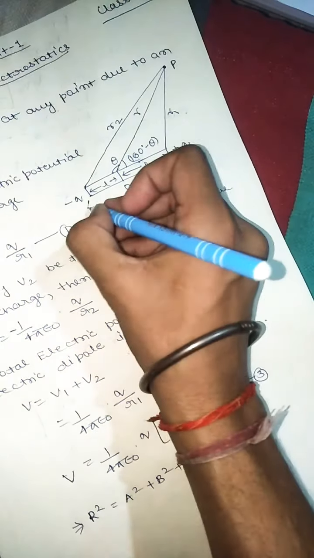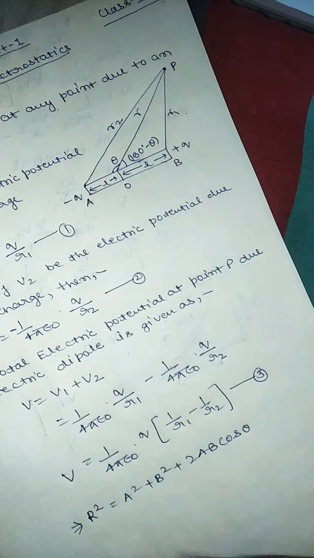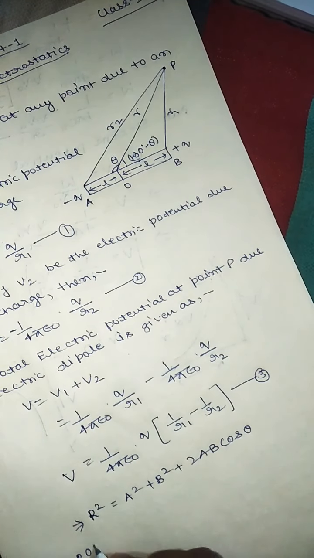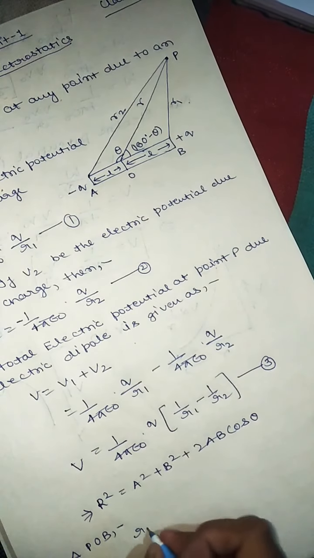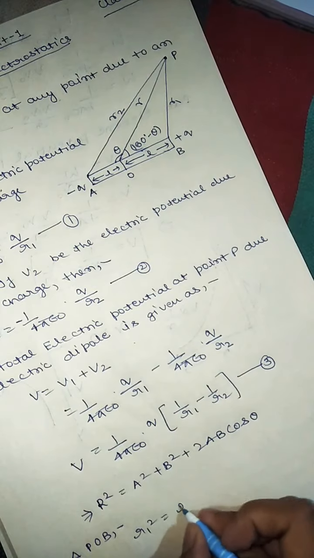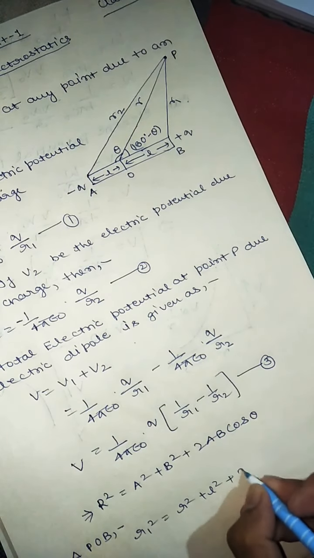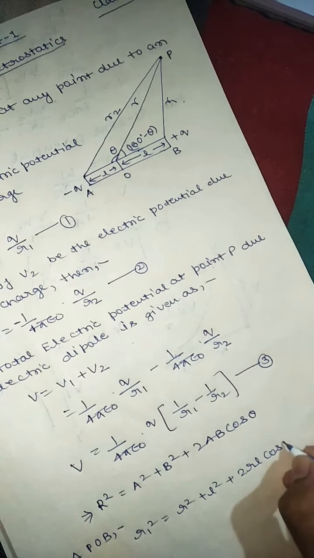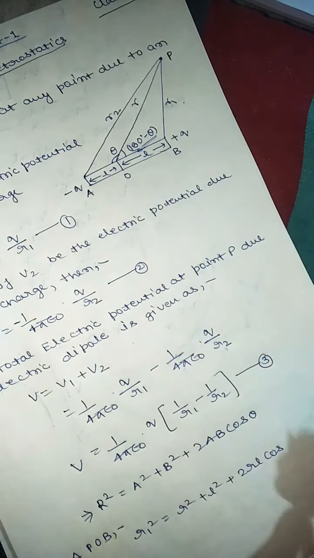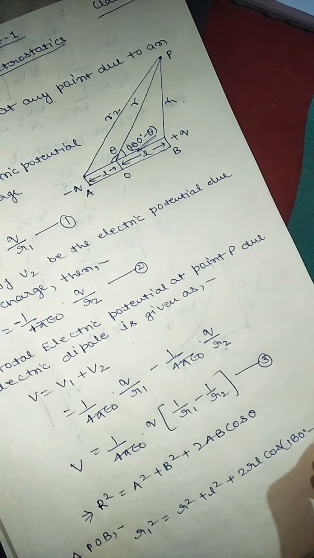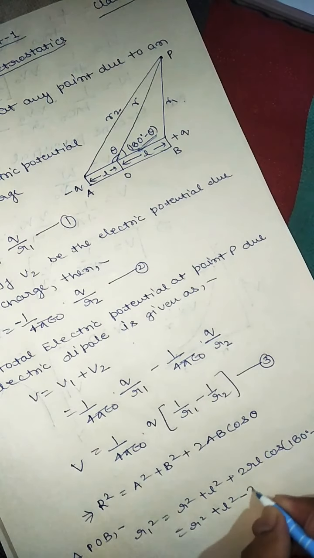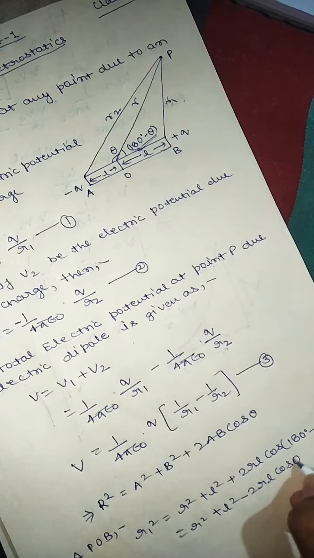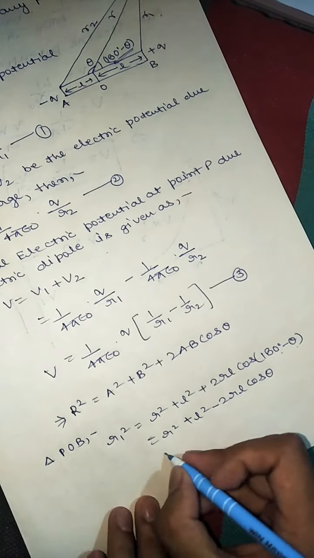If we take triangle POB and find r1 square, then r1 square can be written as r square plus l square plus 2rl cos of 180 minus theta. So r square plus l square minus 2rl cos theta, because cos of 180 minus theta is equal to minus cos theta.